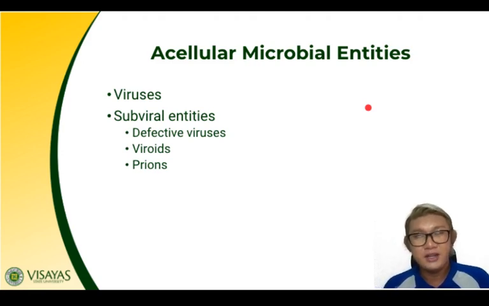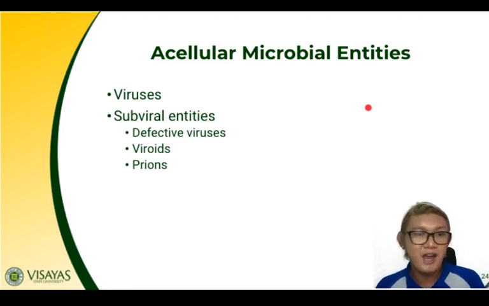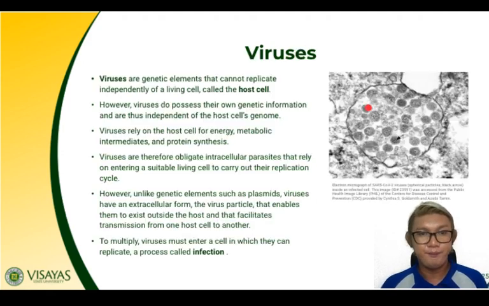I mean, they are not really considered organisms, but they are studied in microbiology because they are important in studying diseases and interactions with the cellular entities. Examples of acellular microbial entities are the viruses, and the subviral entities, meaning they're smaller than the viruses, like the defective viruses, the viroids, and the prions.